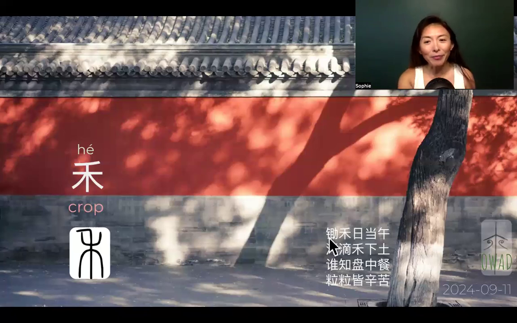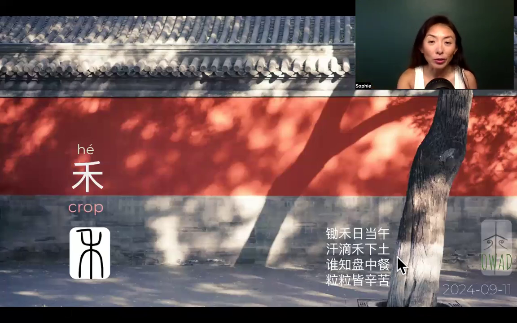So here it is. 锄禾日当午. When you are working on getting rid of the weeds, when you're weeding your crop, so it's crop care. 日当午, when the sun is right in the middle. 汗滴禾下土.